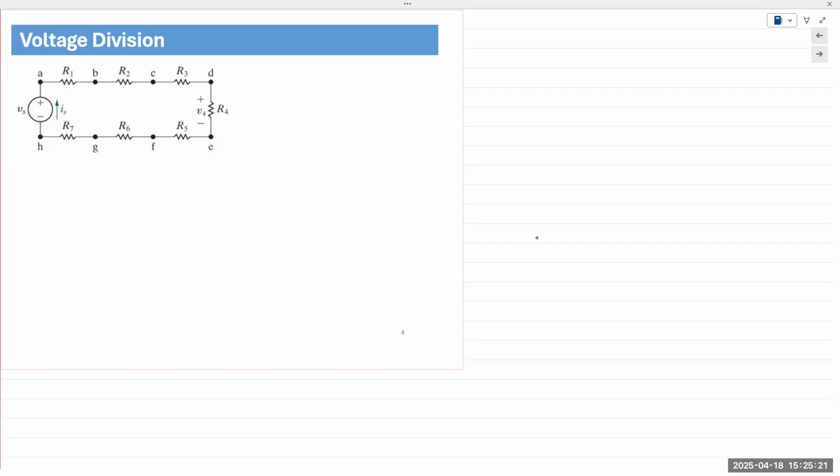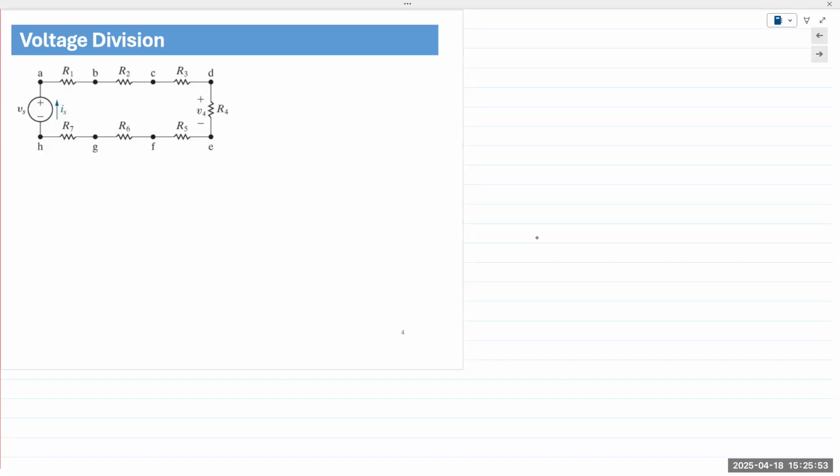The voltage division principle states that when you apply a voltage across a series connection of resistors, a fraction of that supply voltage appears across each resistor, and that fraction is proportional to the ratio of the resistance to the total equivalent resistance in the circuit. Quite a long sentence, but mathematically it's very straightforward.